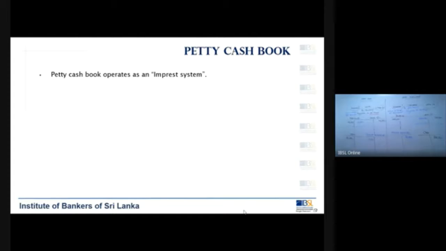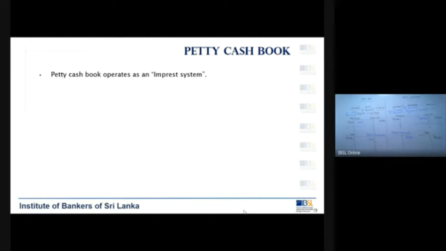So what you do, you go to the main cashier, hand over bills and everything for the 9,000 rupees, and you will get it reimbursed. Once you get the 9,000 back, now you will start with 10,000 rupees in the next month.